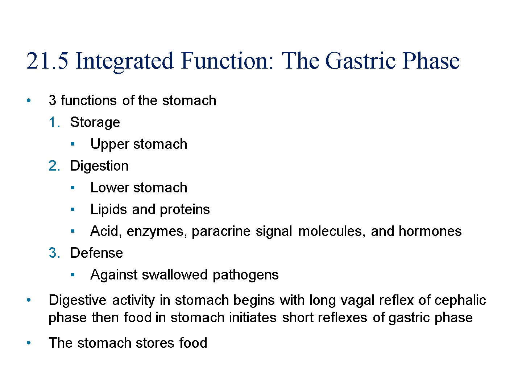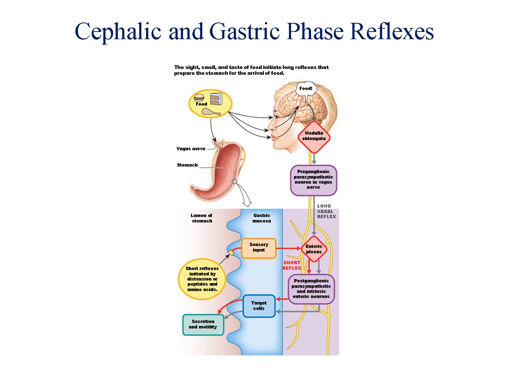small intestine. The cephalic and gastric phase reflexes play an essential role in regulating digestion by preparing the stomach for food intake and coordinating its response once food arrives. These reflexes involve the nervous system, chemical messengers, and muscle contractions to ensure efficient digestion.